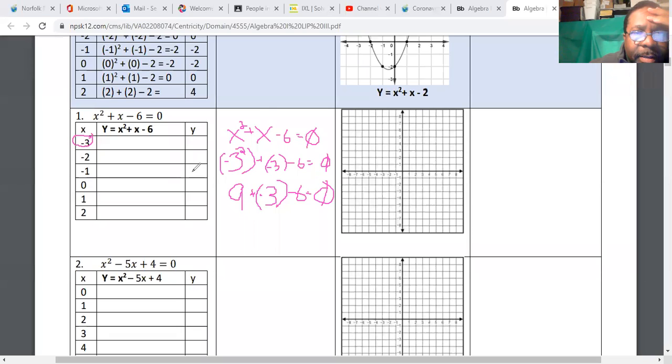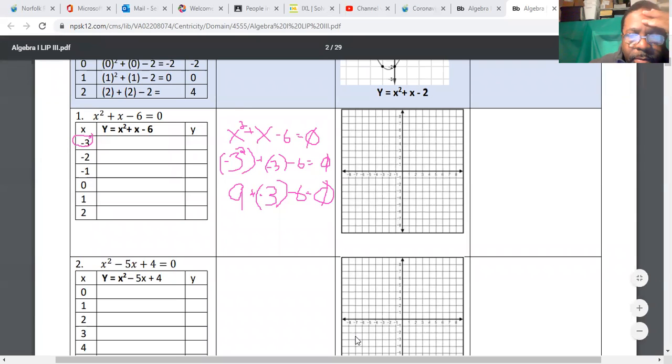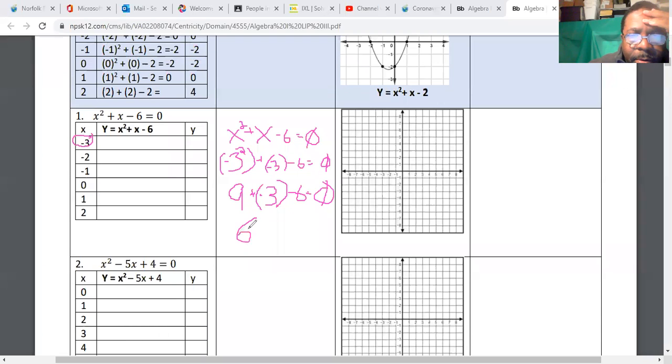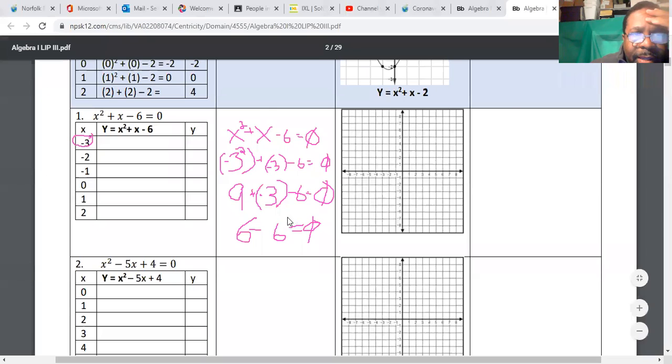So we have 9 plus negative 3. That's going to give me 6. Now I have 6 minus 6 equals 0. Good, that's correct.